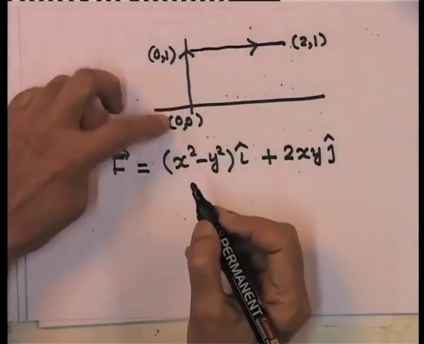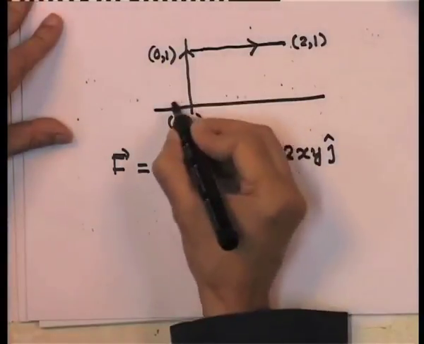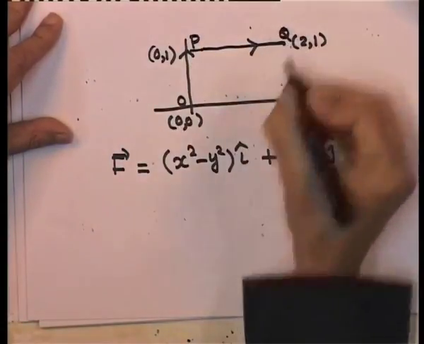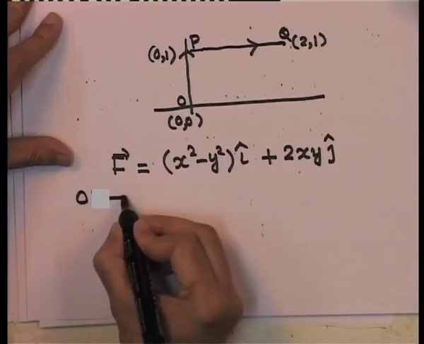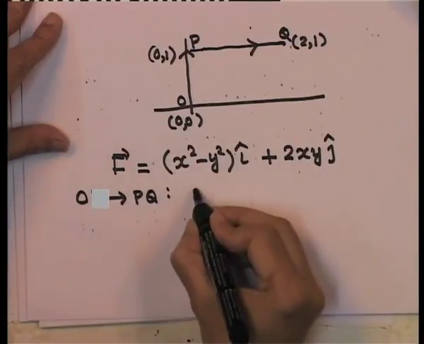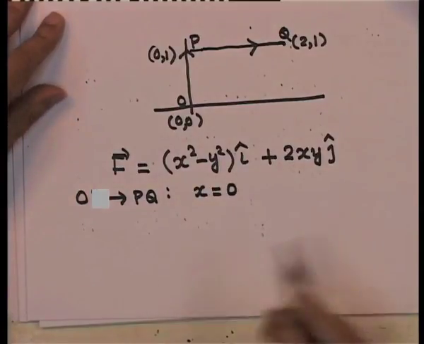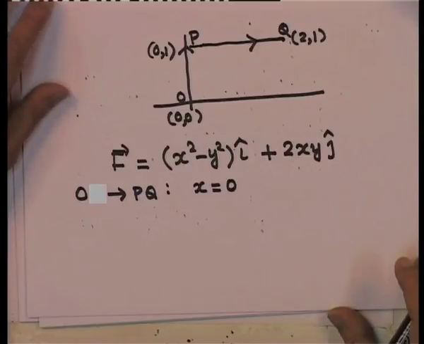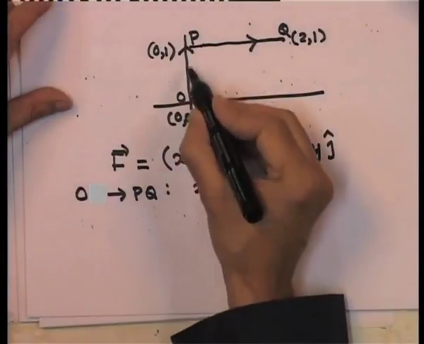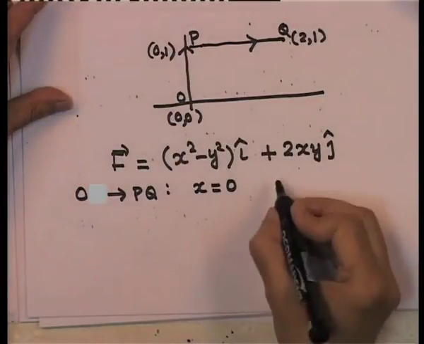When I go from origin to this point, let's call this O P Q. So, as I go from O to P, my x remains 0. The value of x does not change. Now, if x remains 0, further along this path, dx is equal to 0.